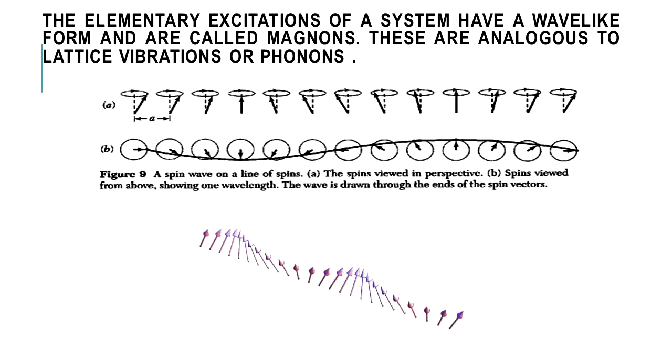But if we consider the nearest neighbor spins, and each pair is tilted by a very small angle, as you see here, the energy for neighboring spin pairs can be written as minus 2J S1 dot S2. If the angle theta between neighboring spins is very small, we can take cos theta equal to 1, so this will be minus 2J S squared. Considering each pair of neighboring spins, the effective exchange energy will be higher than what is predicted by the molecular field theory.